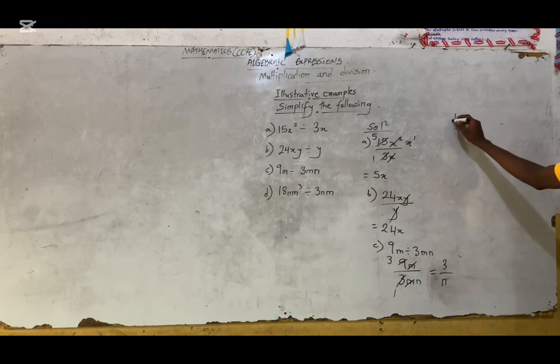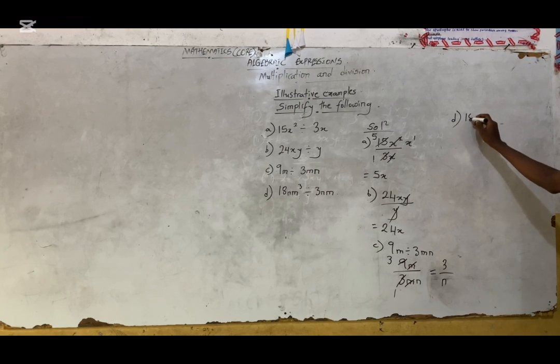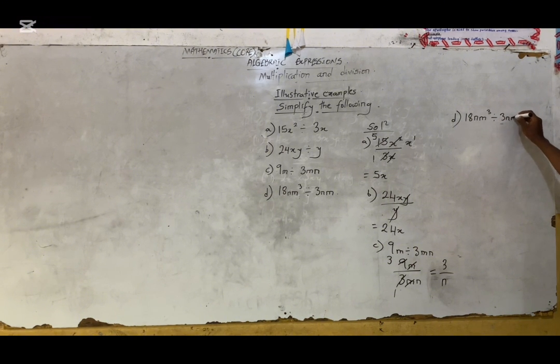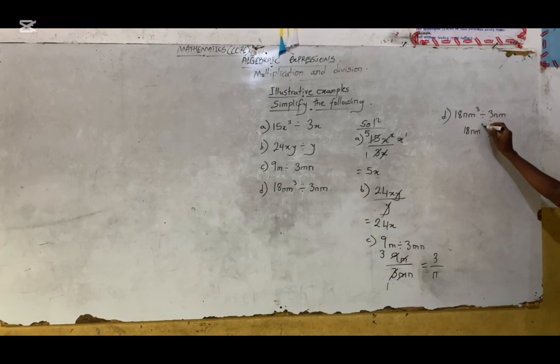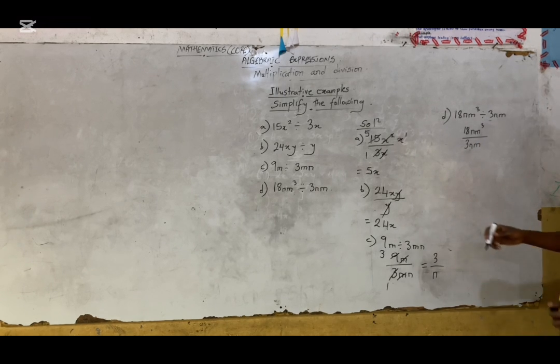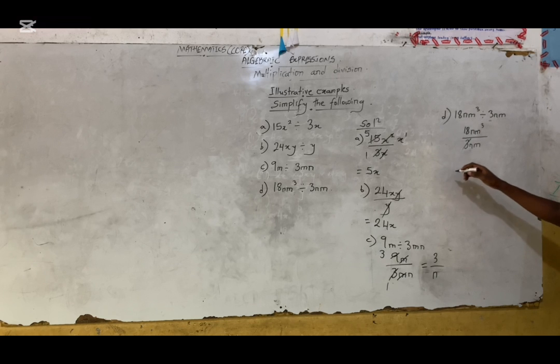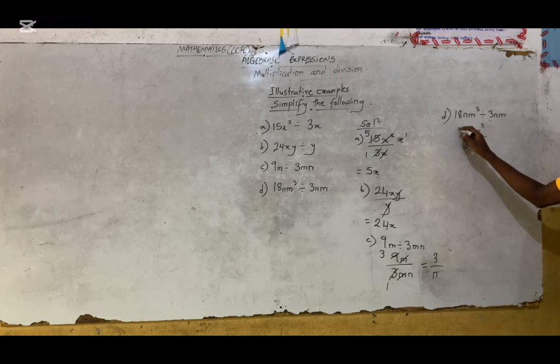Let's head to the last one, that is D. 18nm exponent 3 divided by 3nm. Alright, we have 18nm exponent 3 divided by what? 3nm. Are we okay? So as usual, we do the numbers first. 3 goes into 18 6 times.